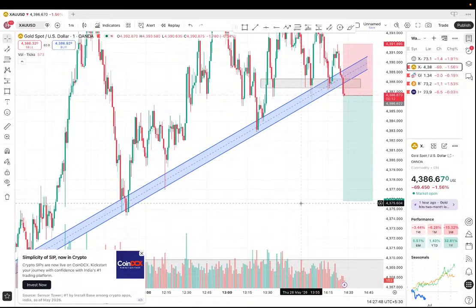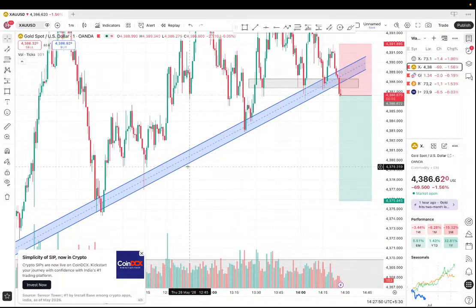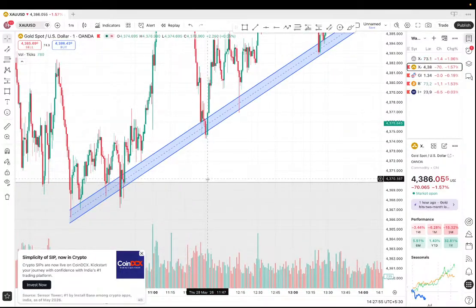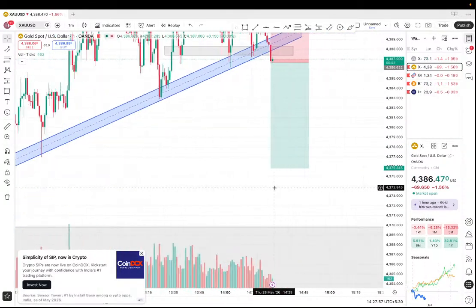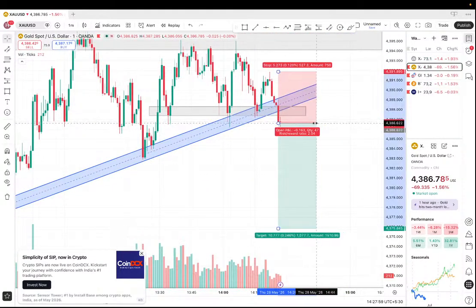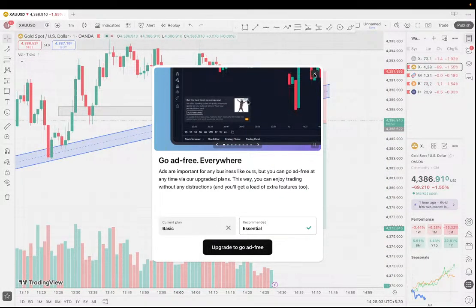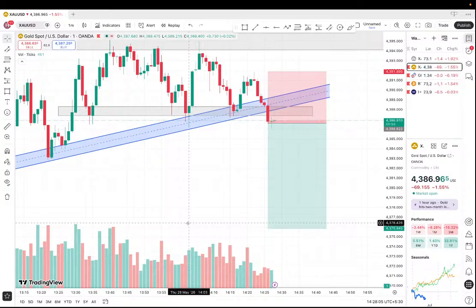This can be a good trade. So as we planned, our first target is going to be this, and second target is going to be around this zone. So it's a good trade overall.